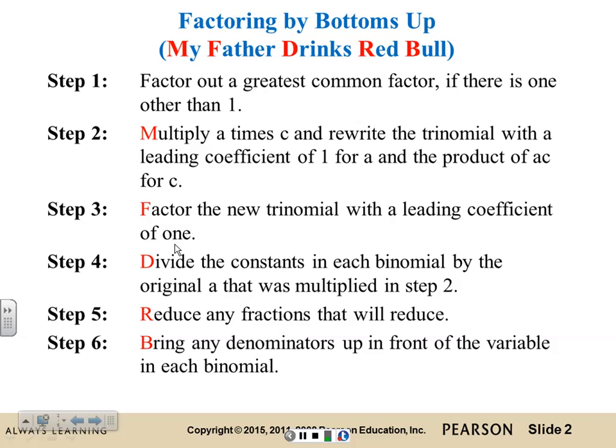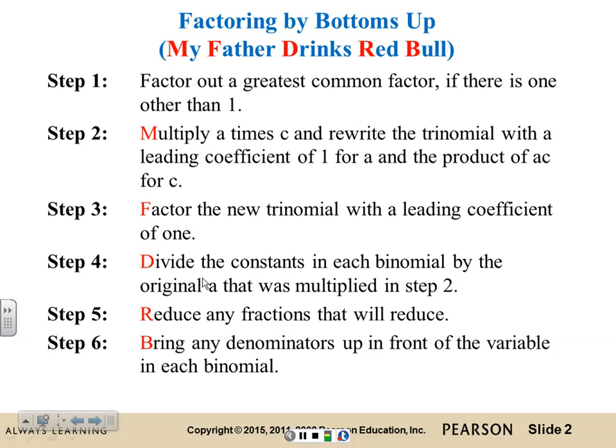Then we have to fix what we did in step number 2. In step number 2, we multiplied that leading coefficient into the problem. Now we have to divide that leading coefficient back out. So whatever you multiplied in step number 2, you have to divide it out in step number 4. When you do that, you're going to have fractions on your constants.